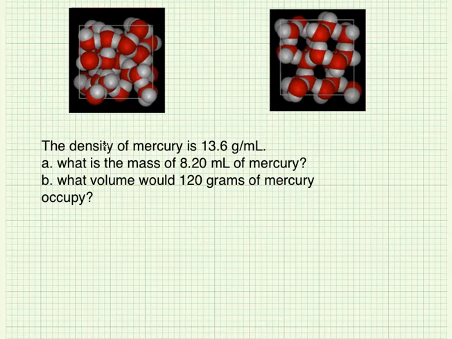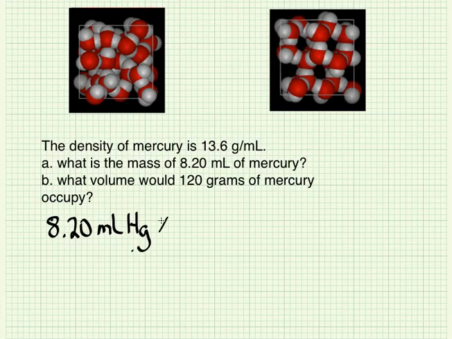All right, now we've got this problem here. The density of mercury is 13.6 grams per milliliter. And the question is, what is the mass of 8.2 milliliters of mercury? If you feel more comfortable, you can use the equation, or you can treat the density as a conversion factor and write down what we're given. We have 8.20 milliliters of mercury, and I want to find out the grams.